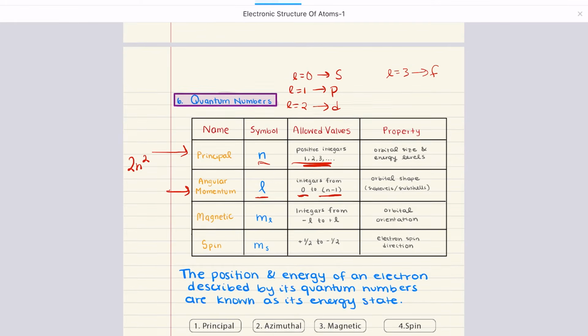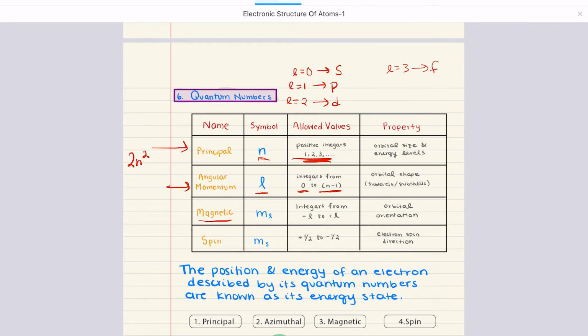Next, we have the magnetic quantum number, ML. This defines the orientation of the orbital in space, and it can take on integer values anywhere between minus L to positive L, including 0. This quantum number arises due to the orientation of orbitals within a magnetic field.